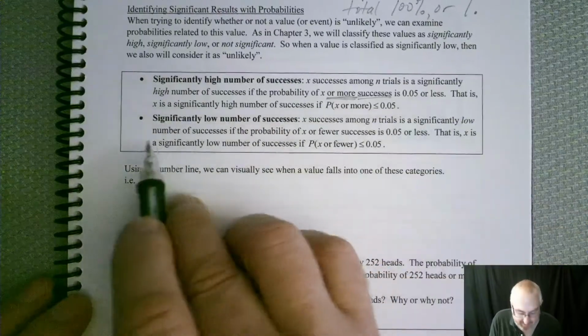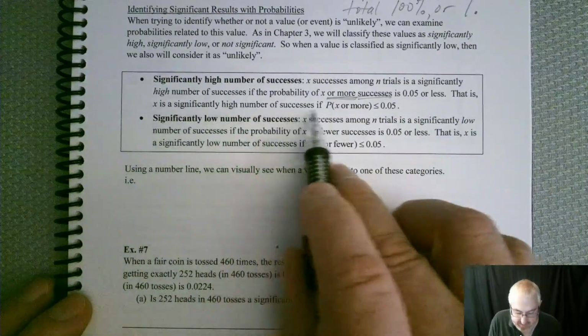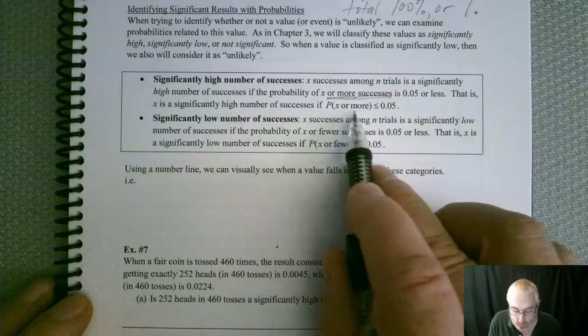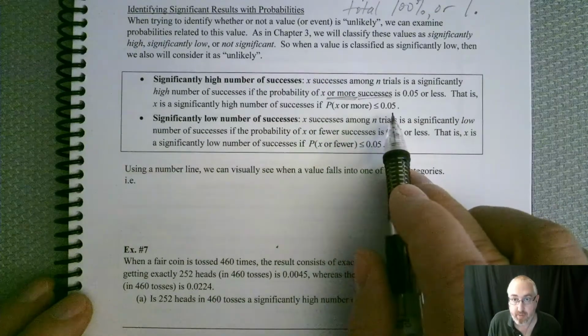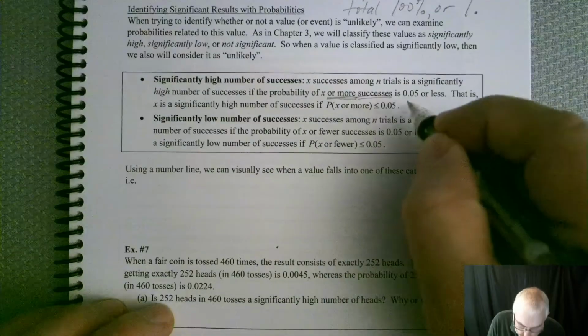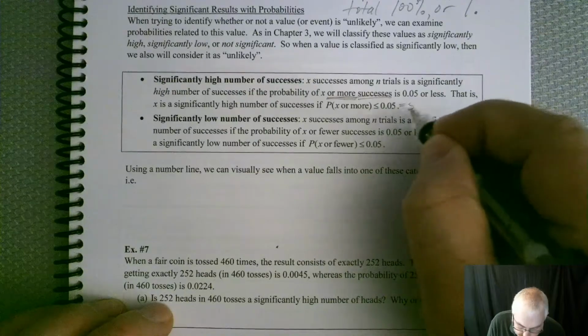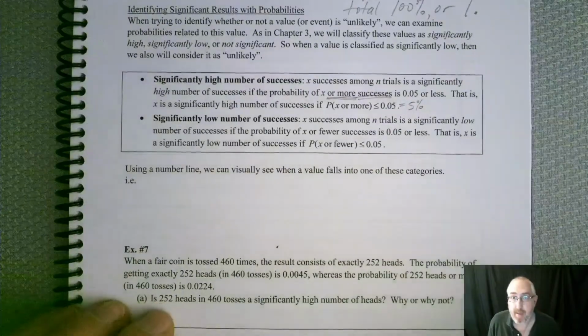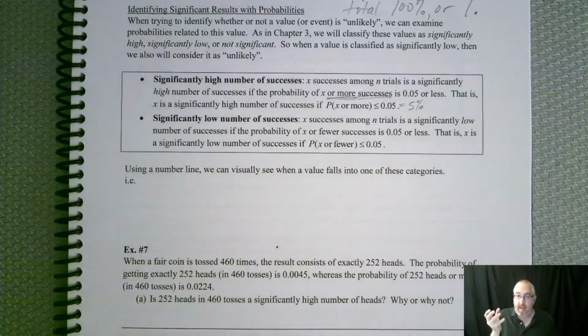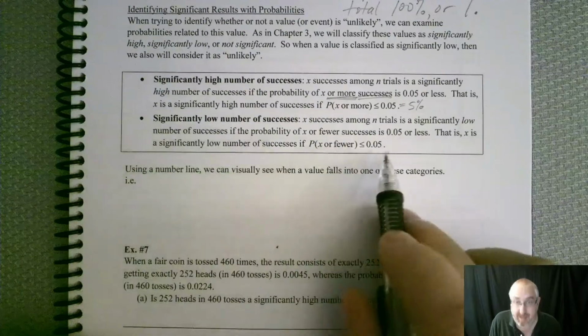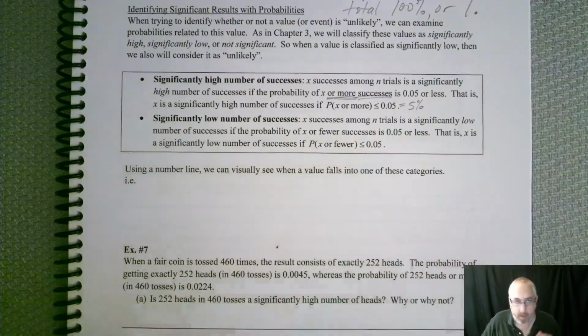That is, X is a significantly high number of successes if the probability of X or more is less than or equal to 0.05, and we can also substitute in 5%. So 5% is where that cutoff is on the high end. And on the low end, it's also 5%.